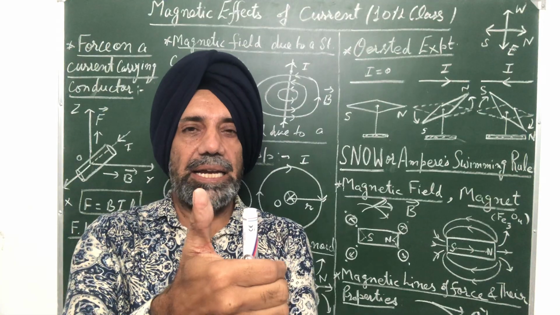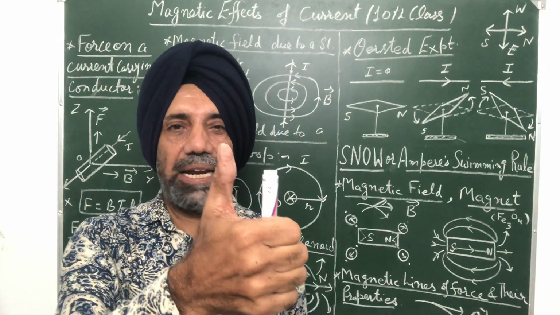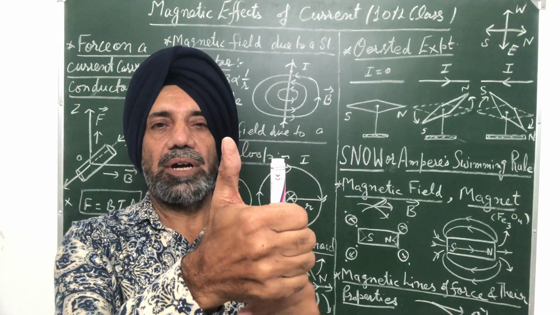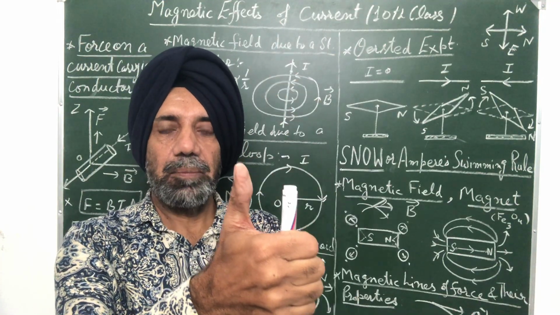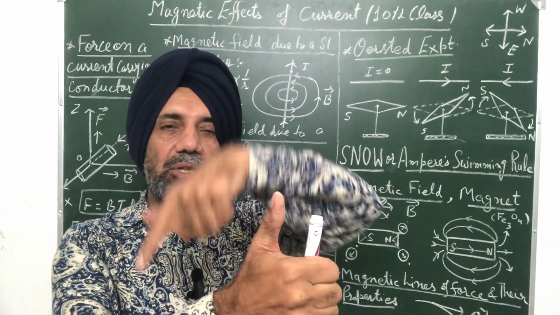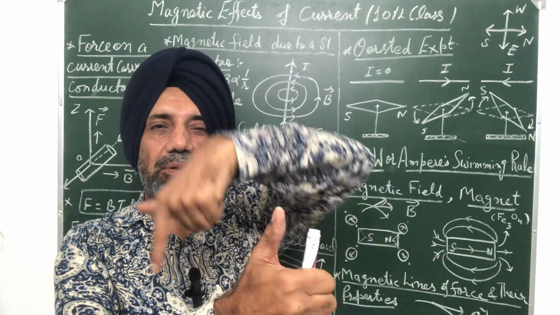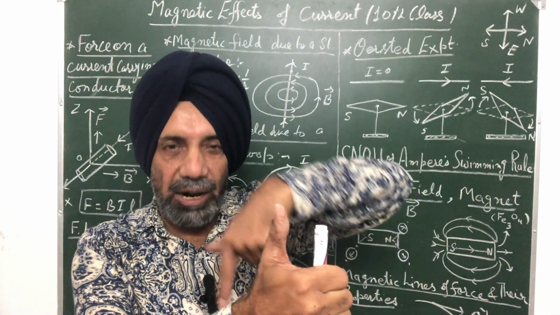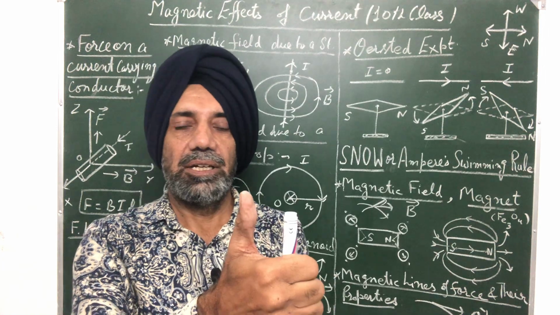Hold the wire carrying current in the upward direction in your right hand, so that your thumb points in the direction of current. Then the direction of your fingers wrapped around the wire will give you the direction of magnetic lines of force, that is, the magnetic field. So the magnetic field will encircle the wire like this.